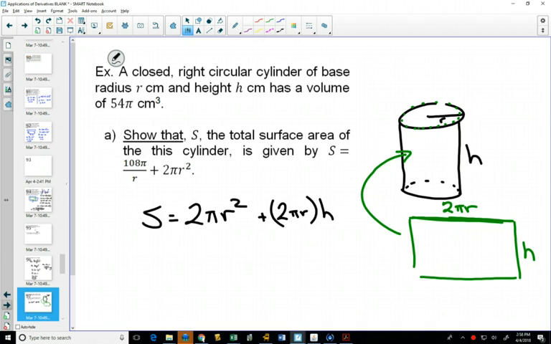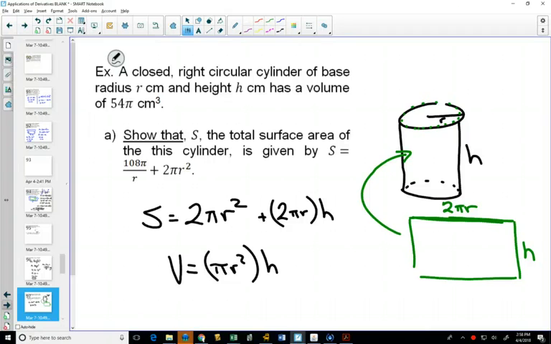We want to create an equation that has only one variable. In order to do that, we need another equation where we could solve for h in terms of r and then substitute back in. In this example, the volume of our cylinder is the area of the bottom, pi r squared, times the height.